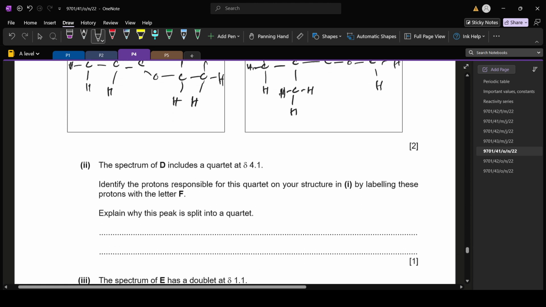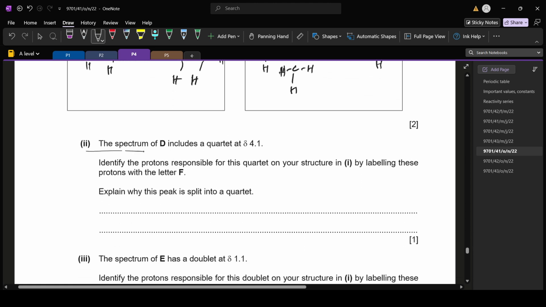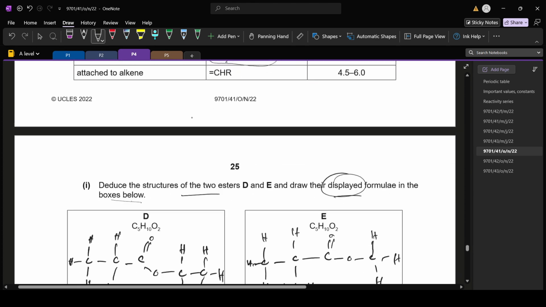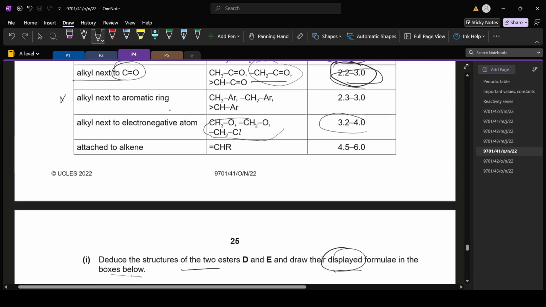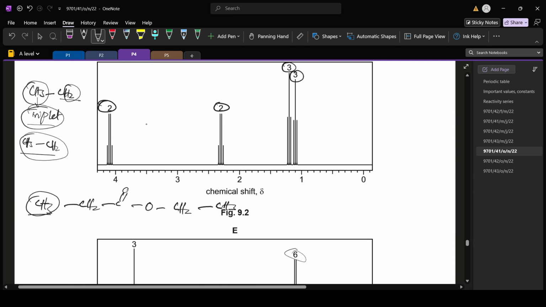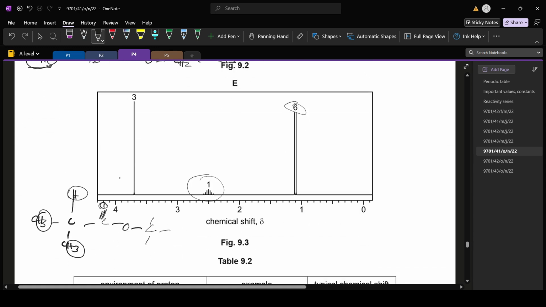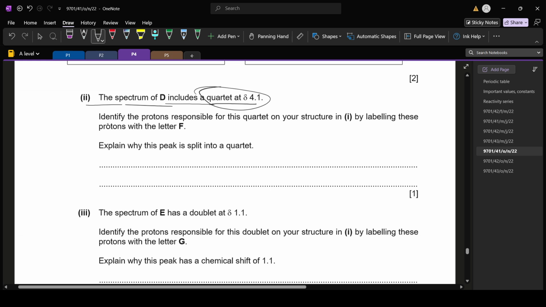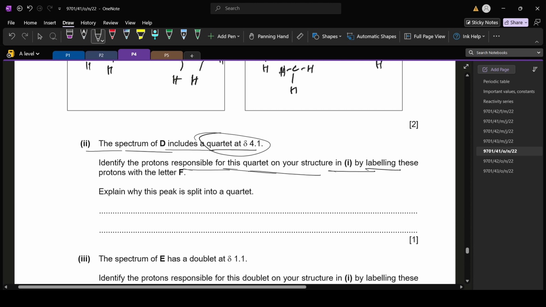Okay, now moving towards the next part. The spectrum of D includes the quartet at this chemical shift, 4.1.